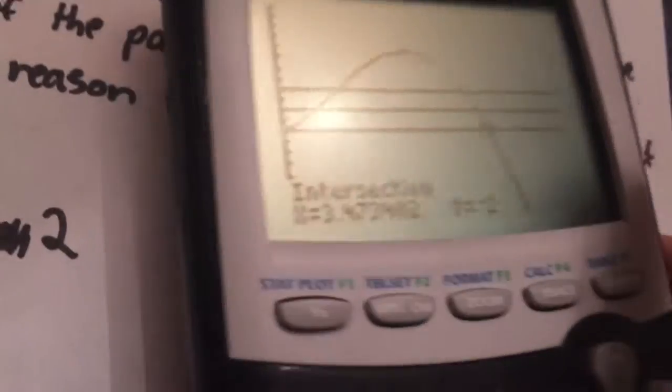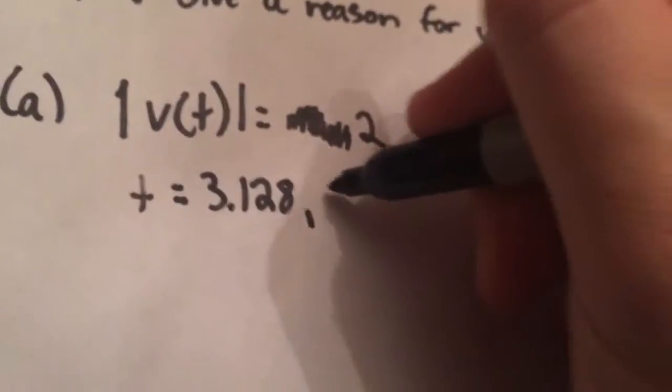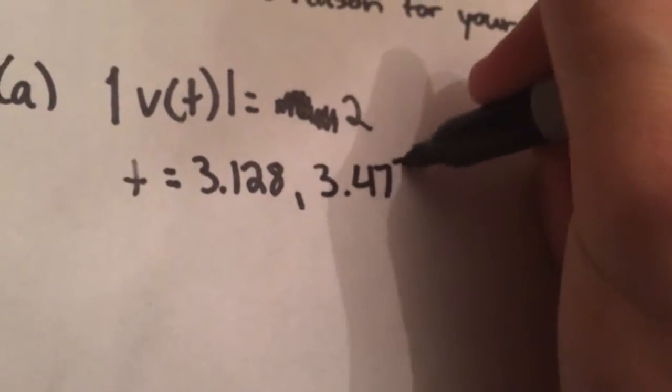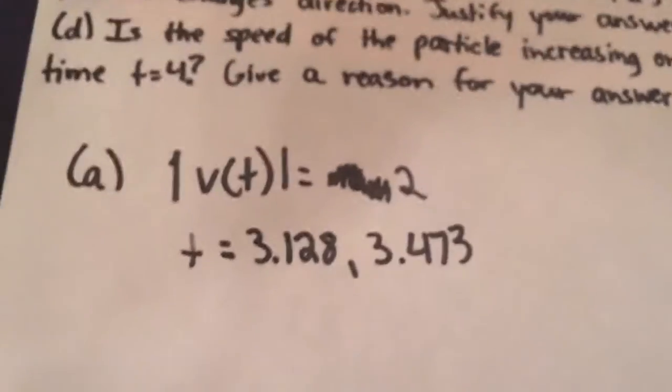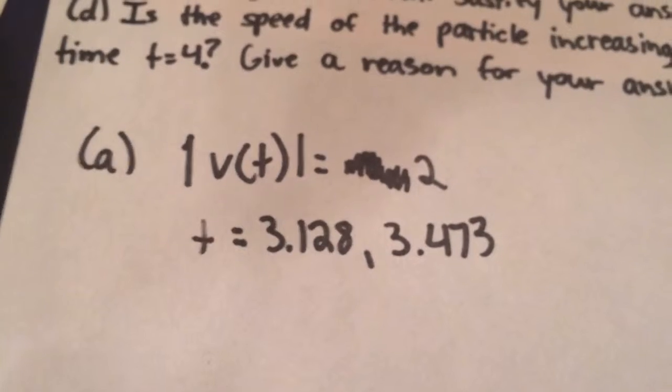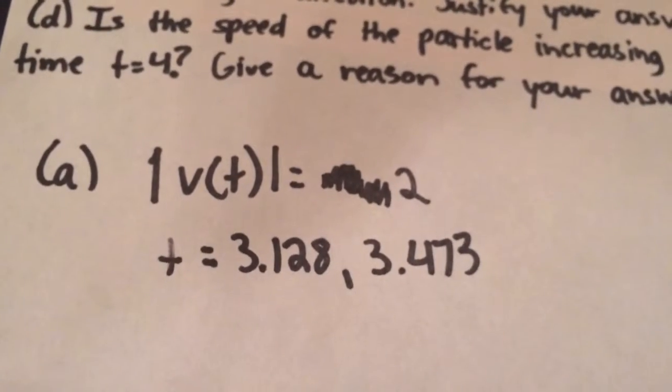Alright, our second value is going to be 3.473. Alright, so that is where the particle reaches the speed of 2.